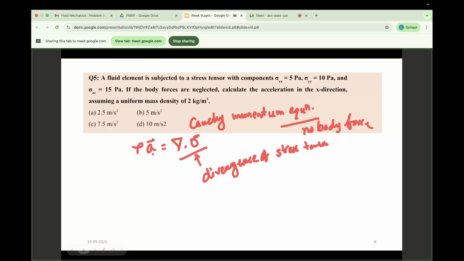So if I simplify this, say it is for the x direction. It's a vector, so I take only x.